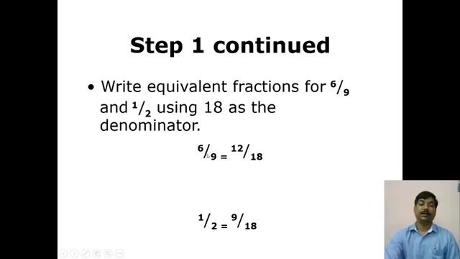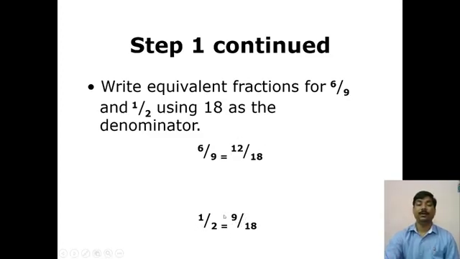So 9 converts into 18. How? By multiplying by 2. So you have to also multiply 6 by 2, so 6 multiplied by 2 is 12. So this fraction will be the equivalent fraction of 6 upon 9. Similarly, you are getting 9 upon 18 as the equivalent fraction of 1 upon 2.